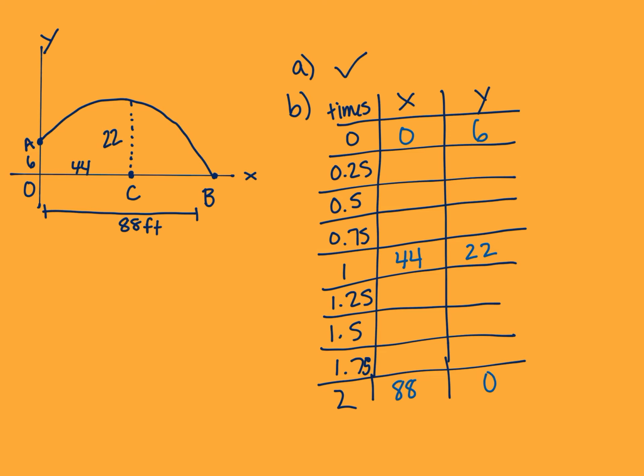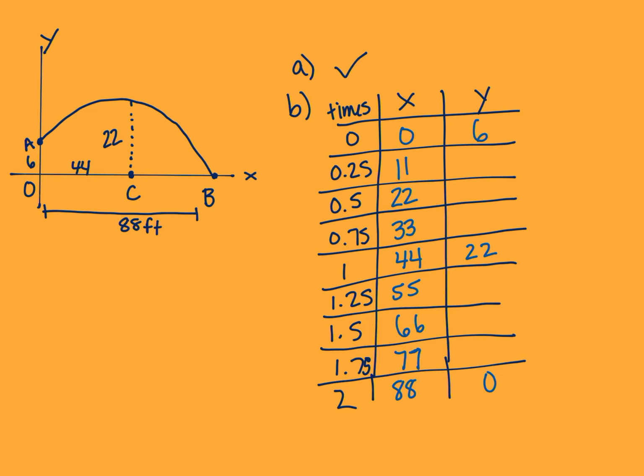Now we're going to split this 44 in half, so that way we can fill in that piece of information. 44 divided by 2 is 22, and then we can split it in half again to figure out these pieces. So 0, 11, 22, 33, 44, 55, 66, 77.